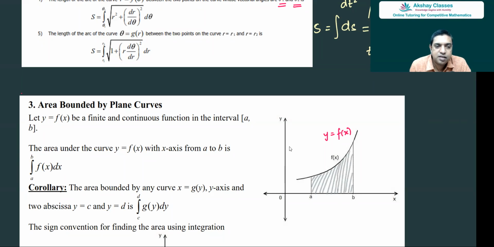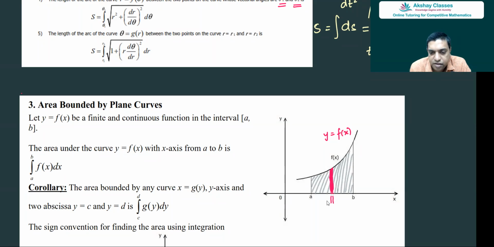To do this, what we do is take an elemental strip. Integral is addition of areas, right? Okay, so this is the elemental strip. Does not come perfectly, but okay.